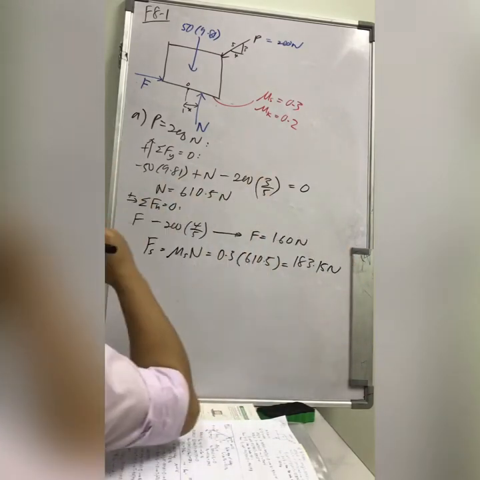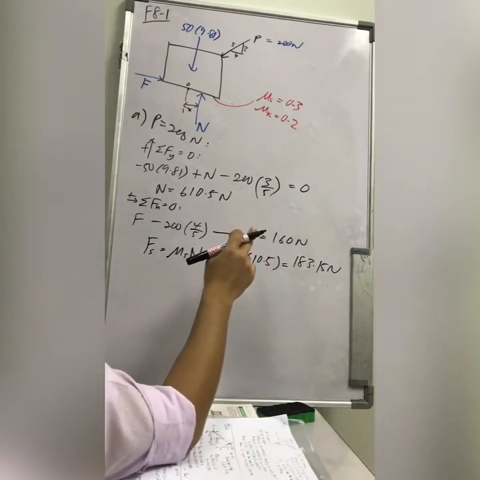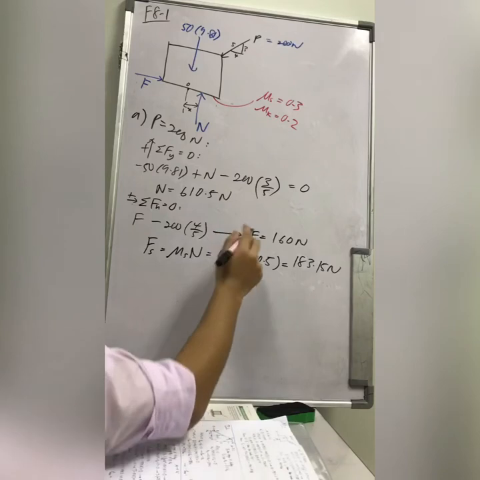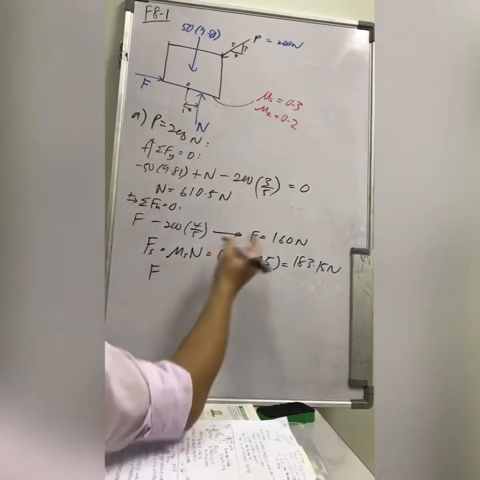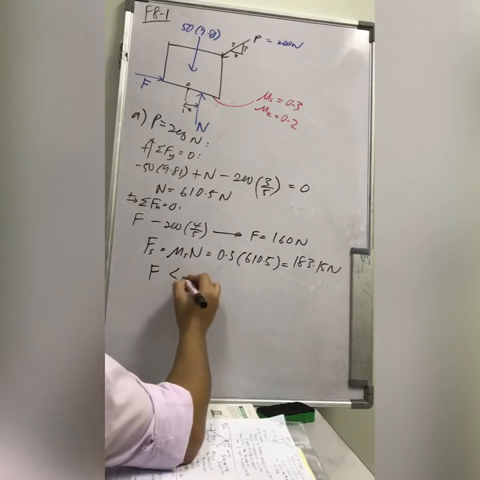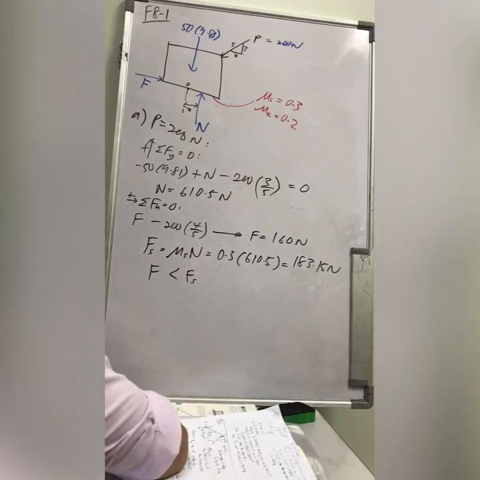Why is this important? Can you see that when you apply P equals 200 Newton, your F, which is 160, is less than your Fs, which is the maximum, limiting static friction force? What does it mean?